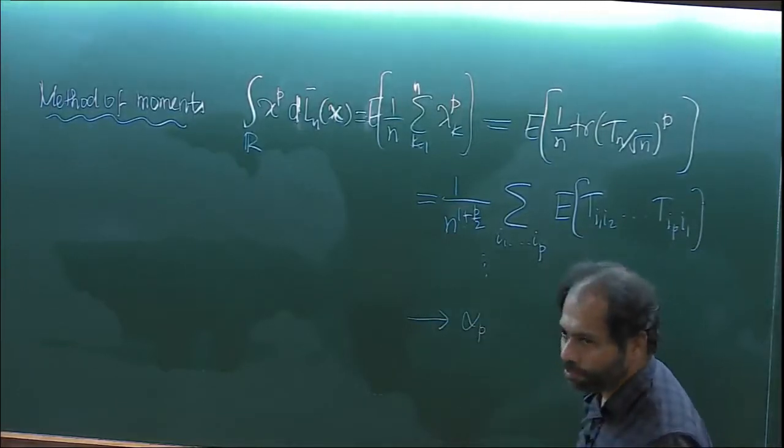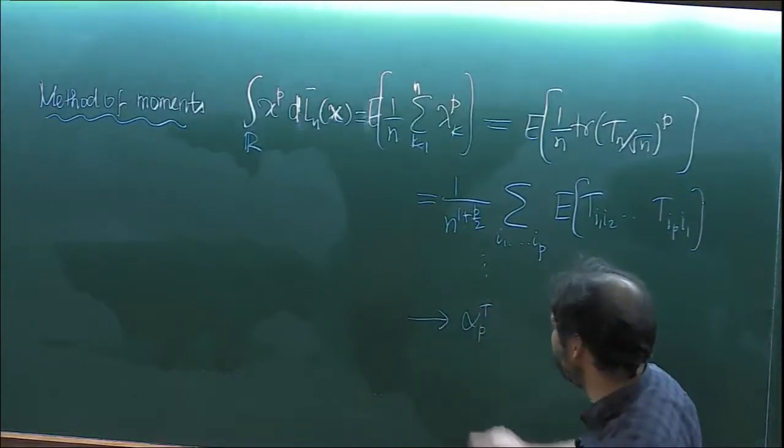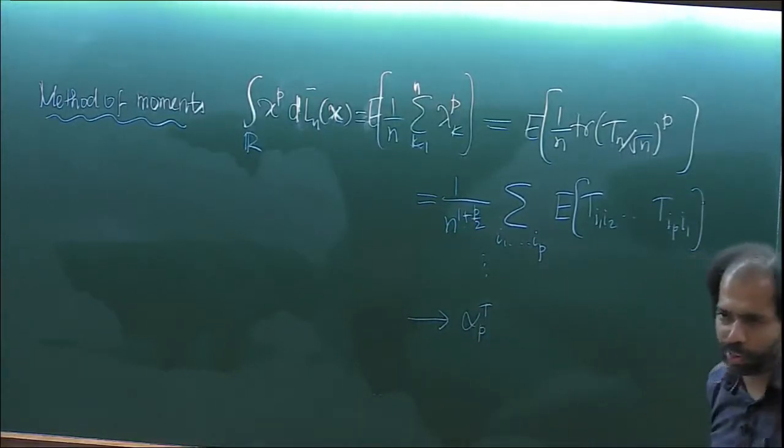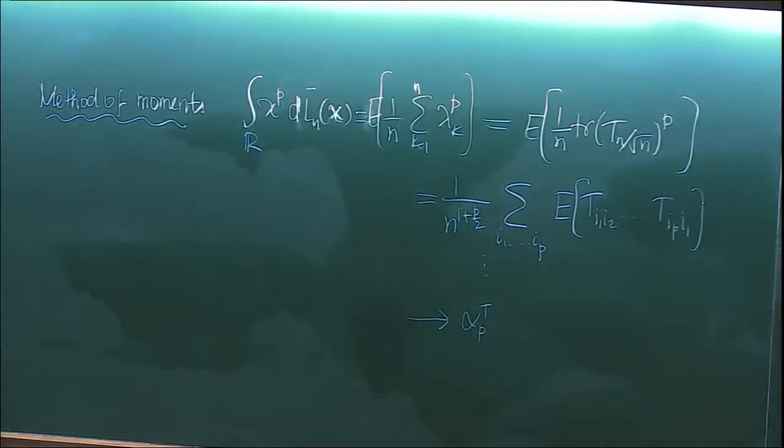In the Toeplitz case, it converges to some alpha_p. This alpha_p is an extremely complicated quantity. There is an expression for it. To calculate the pth moment, well, the odd ones are easy, they are all 0.